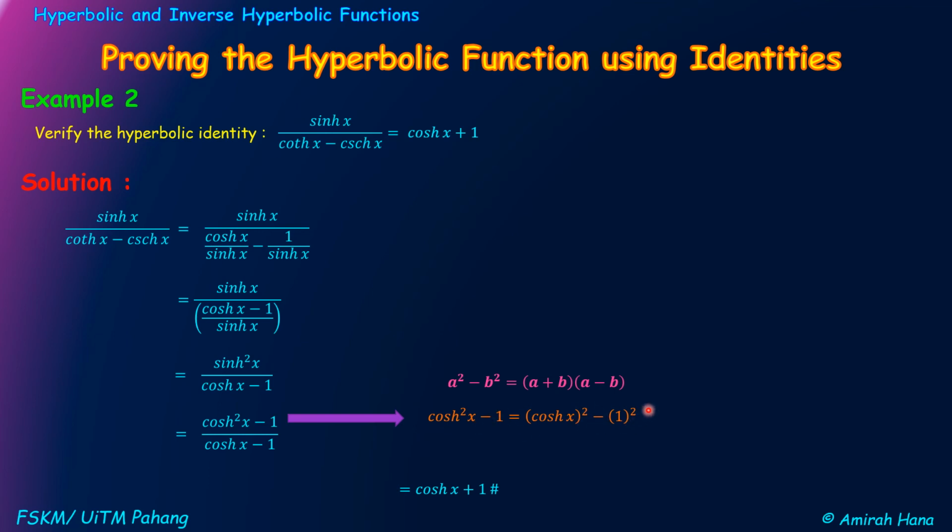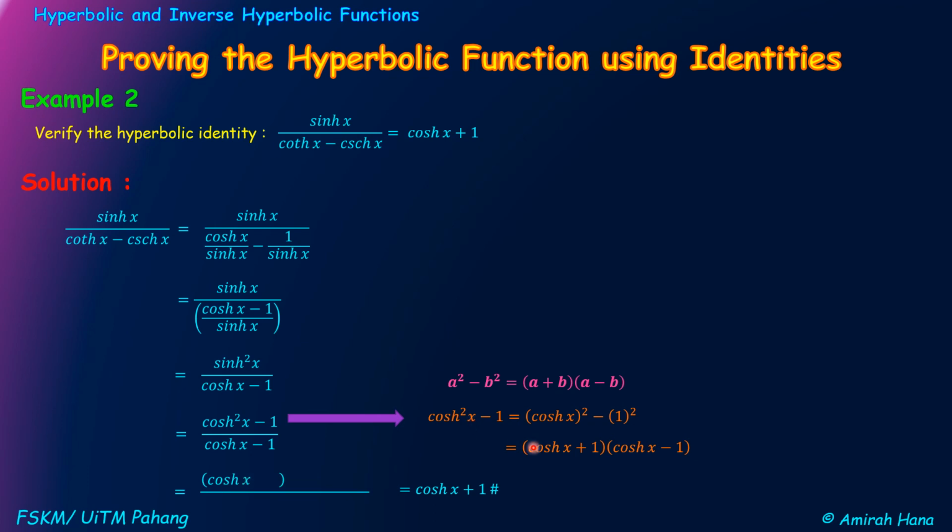We can write cos squared x minus 1 as, in bracket, cos x squared minus 1 squared. When we compare with the algebraic formula, our a equals cos x and b equals 1. So from this formula, we can write cos squared x minus 1 equals a plus b, meaning cos x plus 1, times a minus b, meaning cos x minus 1.